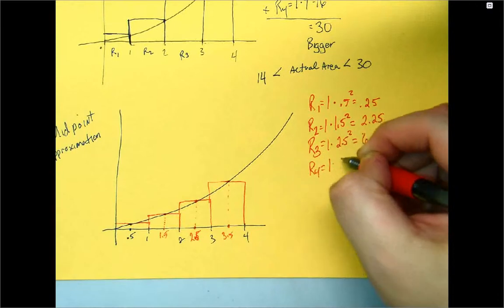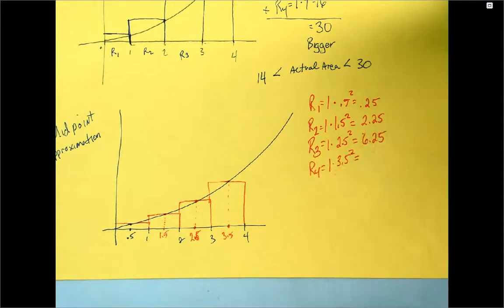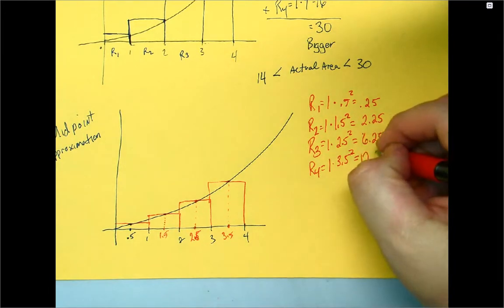Well, what's 3.5 squared? 12.25. Close enough. Close enough for government work.